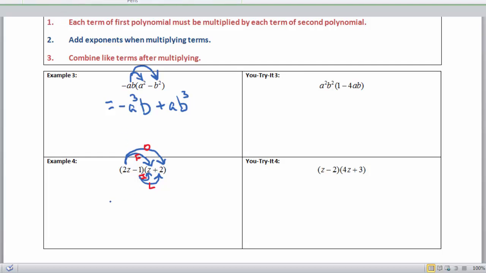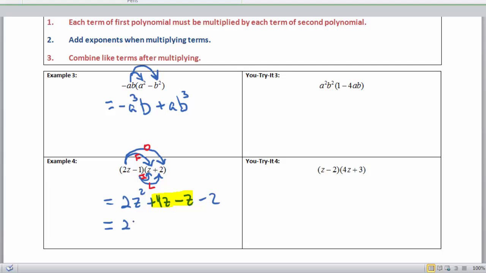Okay, so the F, or the 2z times the z was 2z squared, and then 2z times 2 was 4z, and then negative 1 times z was negative z, and then negative 1 times 2 is negative 2. And then again, you see my third step up there, combine like terms after multiplying. So in this instance, my two middle terms here are like terms, so I'm going to have to combine those.